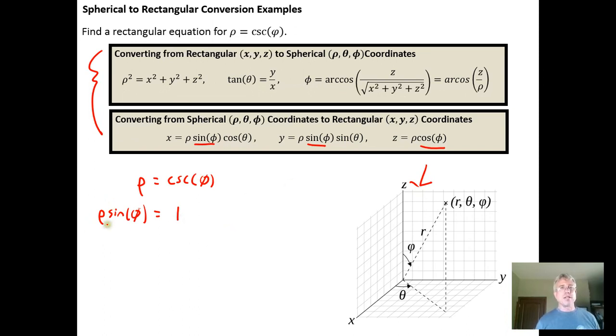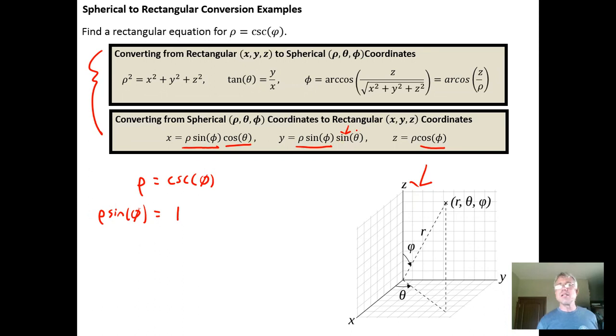And then when I look at this, I have a rho sine phi, which looks kind of good because I have rho sine phi here and rho sine phi here. Some things that would make sense to try, but that might push us in a circular direction, would be to multiply both sides by the sine of theta, so you get a y on the left hand side, or multiply both sides by the cosine of theta, so we get an x on both sides.